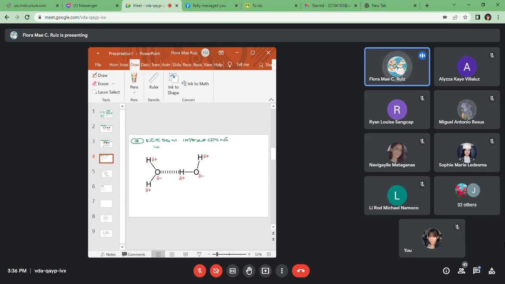Again, these interactions arise when we have a permanently polarized molecule that interacts with another permanently polarized molecule. An example of this is again your water molecules. So these water molecules.